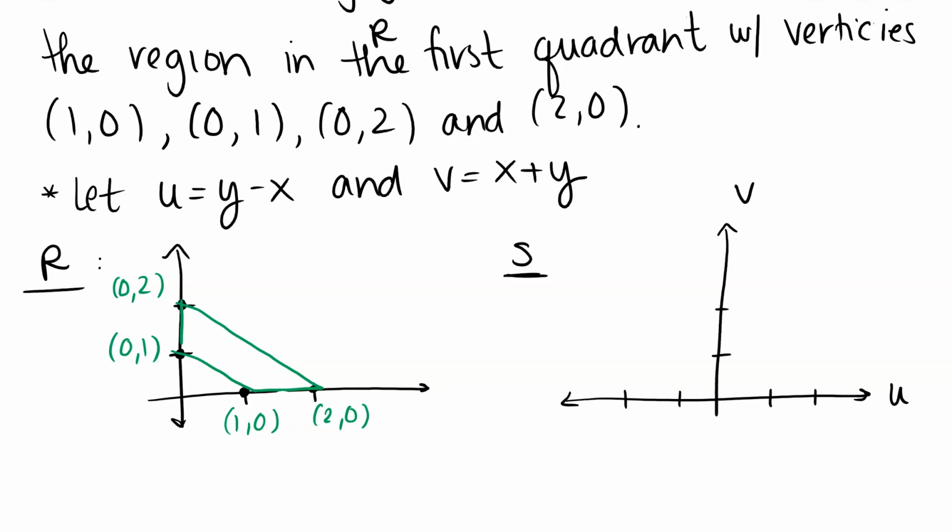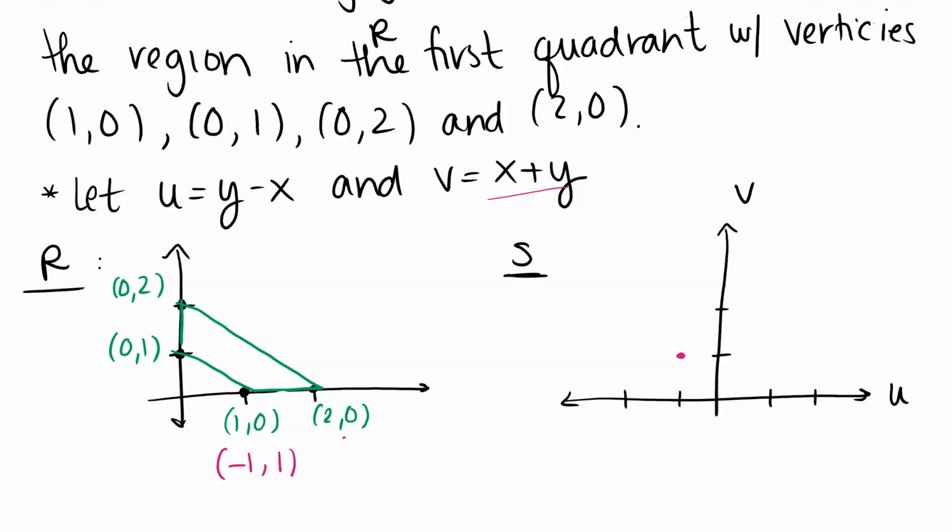Let's look at the point (1, 0). If I plug (1, 0) into y minus x, I get 0 minus 1, so u is negative 1. And putting (1, 0) into x plus y gives just 1. So (1, 0) transforms to (-1, 1).